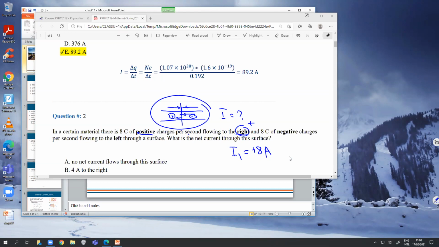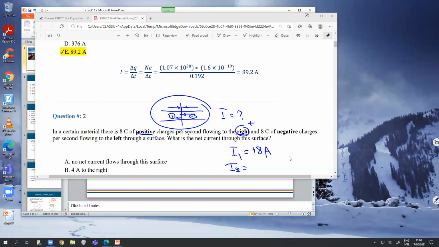Did everyone understand that? For the first flow of charges, which are positive, the current due to that charge will be 8 amperes and the direction will be to the right. Okay, so I put a plus sign for the right direction. I2, this is the current flow due to the negative charges. The negative charges are flowing to the left.